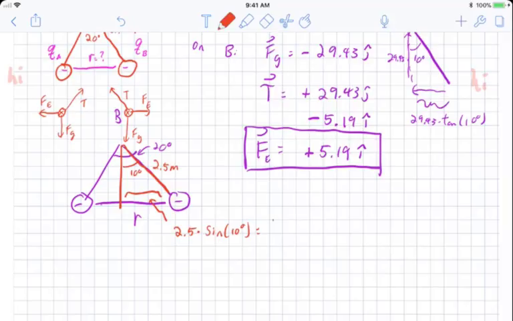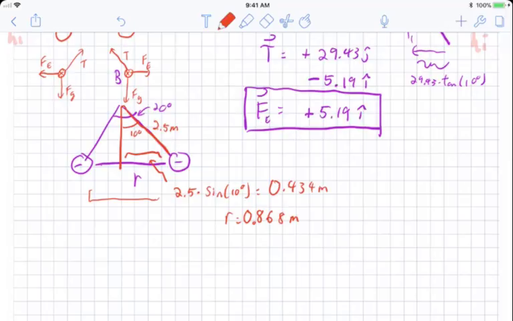So it's going to be 0.434 meters. And so this distance between them is going to be twice that on our diagram, 0.868 meters. And what this means is the force here is going to be generated by the Coulomb force, K QA QB over R squared.